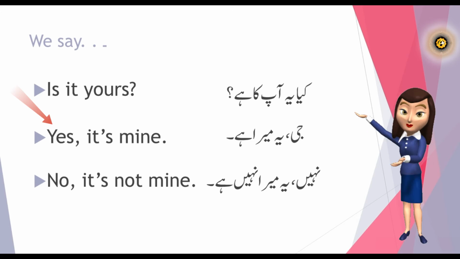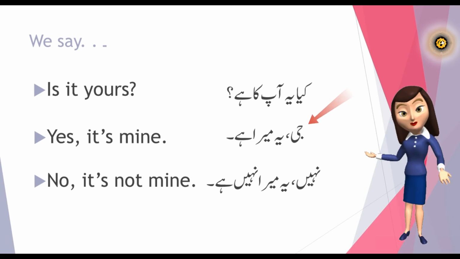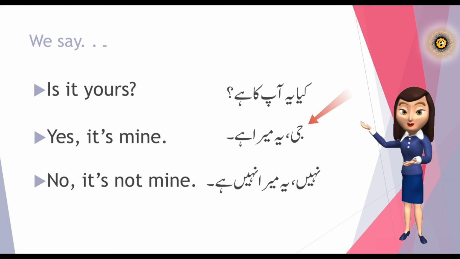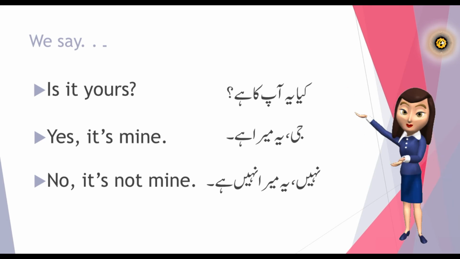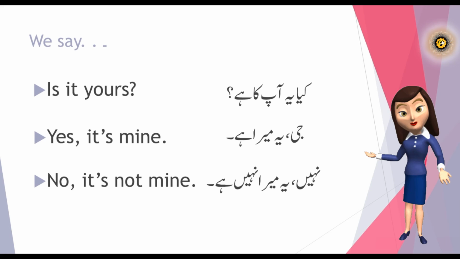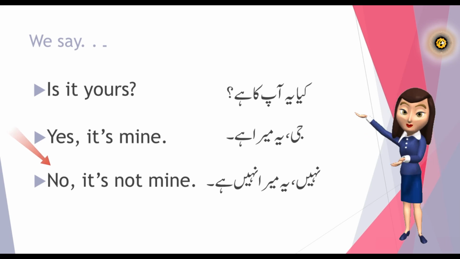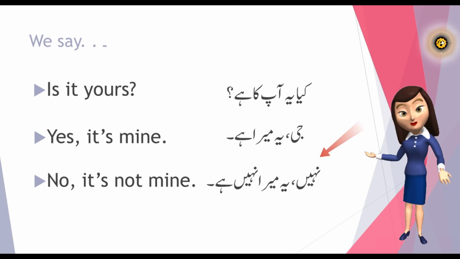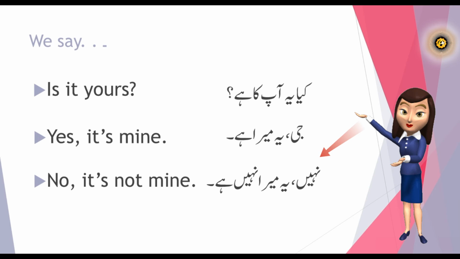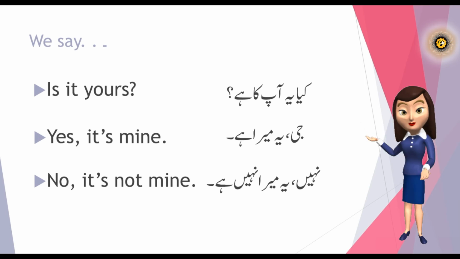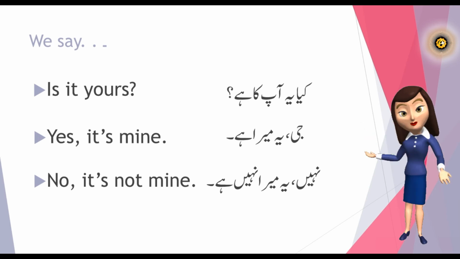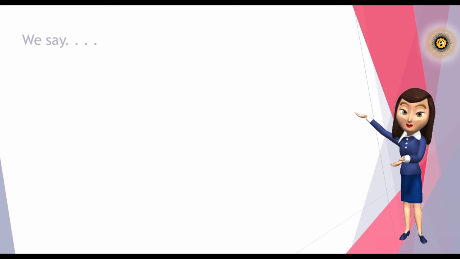And in Urdu it is ji, ye mera hai. Or if the answer is no, then you say no, it's not mine. And in Urdu it is nahi, ye mera nahi hai. Repeat and practice, okay?